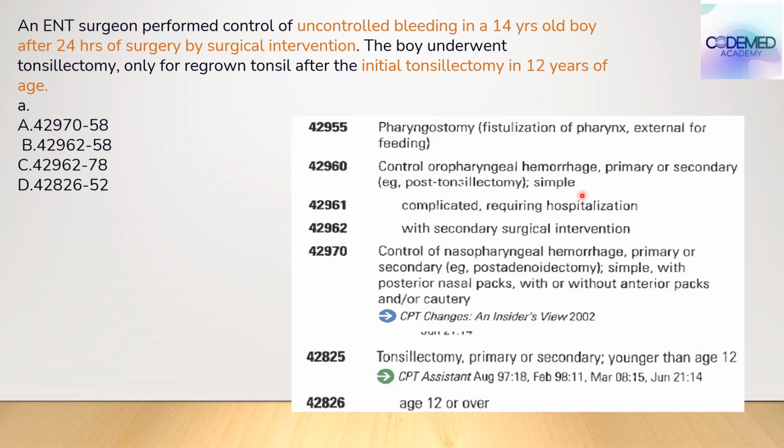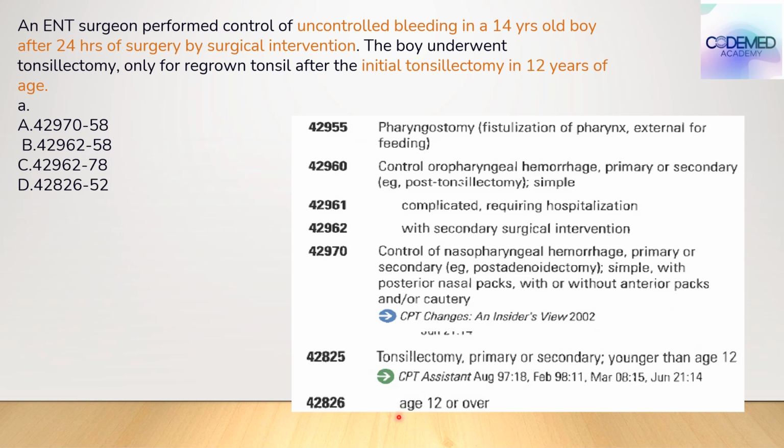This is simple, and this is with a secondary surgical intervention. So there is no case of adenoidectomy, but this is the case of tonsillectomy. Post tonsillectomy bleeding has happened, and a secondary surgical intervention has happened, and because it happens after 24 hours, we will require code 42962.